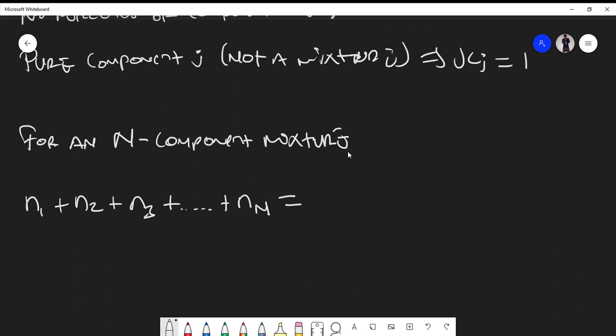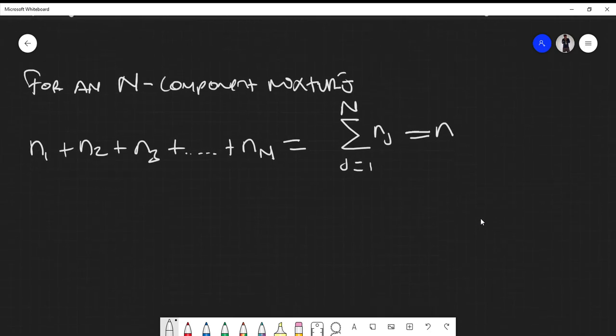We could write it as a summation like we did earlier: the summation where j is equal to 1 to n of nj is equal to n. So this is our broken down formula to summarize our partial or mole fraction.